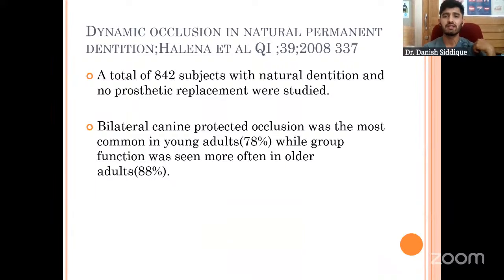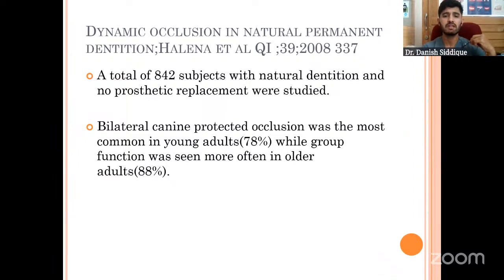So this was a diagnostic study that was conducted to find out what is the most prevalent occlusion seen in individuals. It was a randomized study where 842 subjects with natural dentition were taken, with no restorations or prosthetic replacements, the ideal kind of cases who did not have any occlusal changes done to their oral cavity.